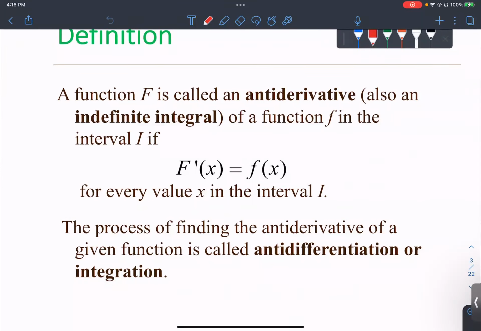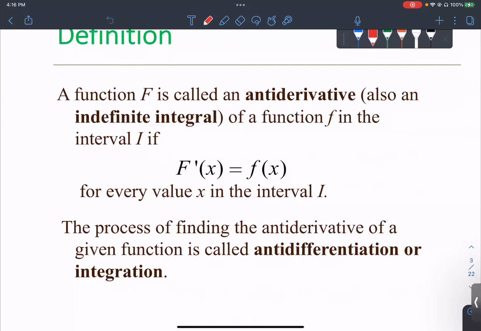The process of finding the antiderivative is antidifferentiation, and sometimes you refer to that as integration as well. Once we perform antidifferentiation or integration, the answer is the antiderivative or the integral.